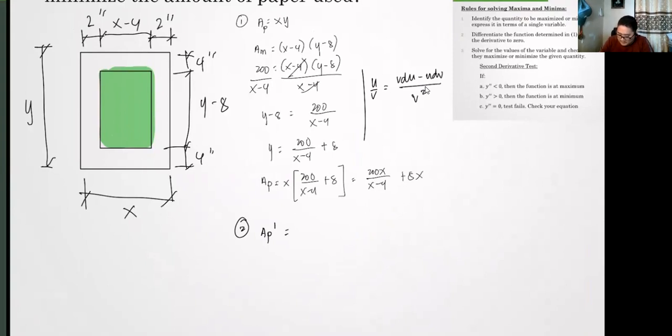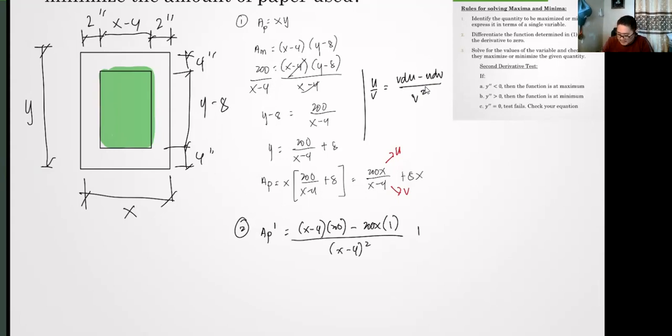Okay? So, assign lang natin as u and v. Ito yung u natin, ito yung v natin. Okay? So, v du minus u dv. So, v, tapos derivative nung taas, 200, minus u dv, 200x, times yung derivative ng baba, which is 1, all over squared nung ilalim.